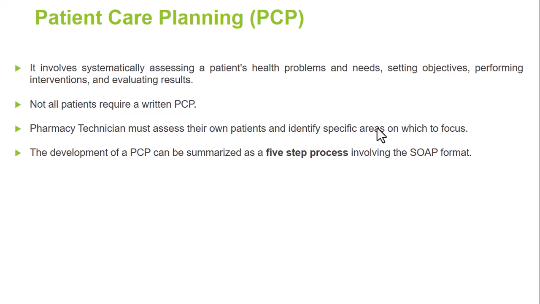You're looking at the health problems of the patient. You may not solve financial problems of the patient, but we are focusing on the health problems that these patients are facing. So you set the objective. After setting the objective, you perform interventions, and then there should be evaluation of results.